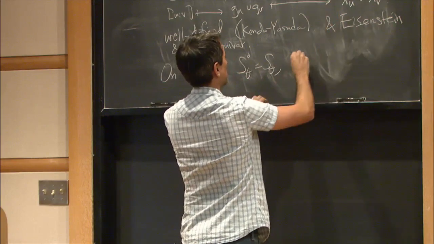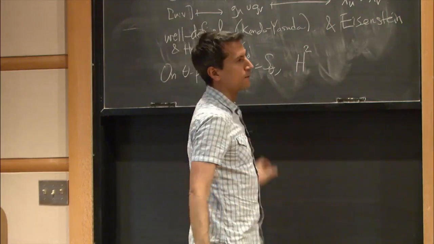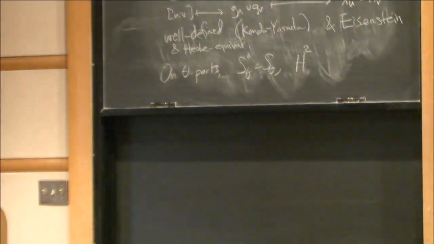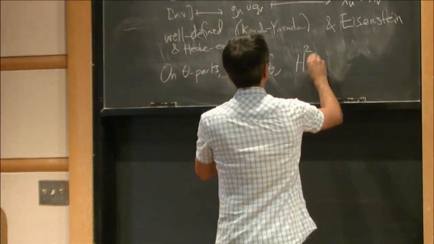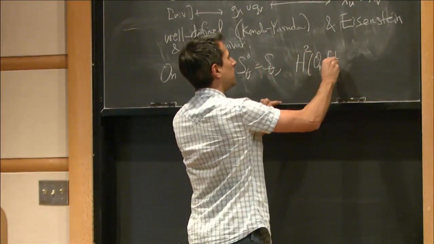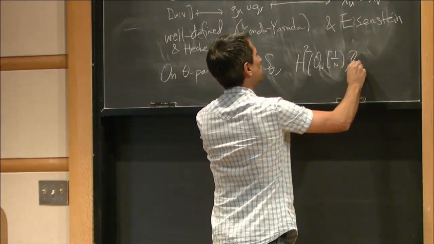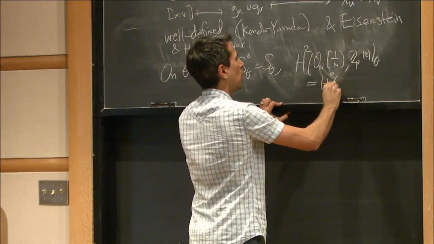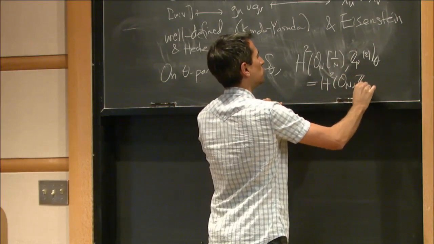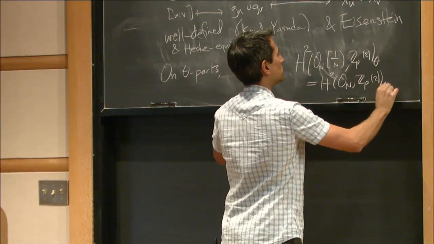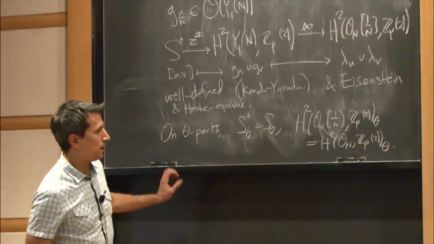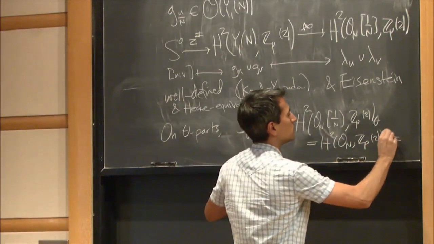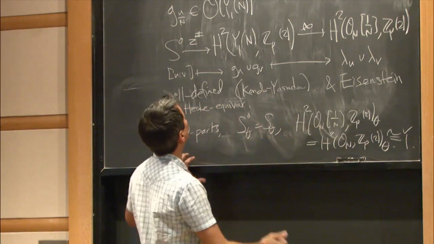And this thing, H2, oh, I defined y wrong. Well, it doesn't matter because H2 ON 1 over n ZP2 theta is just H2 ON ZP2 theta. And this we can take to be y.